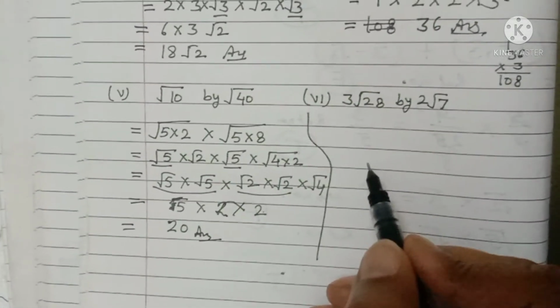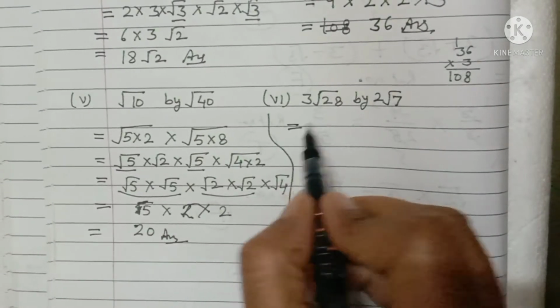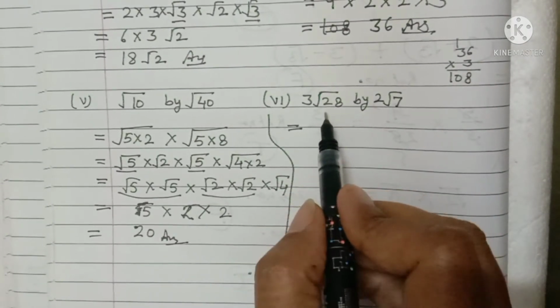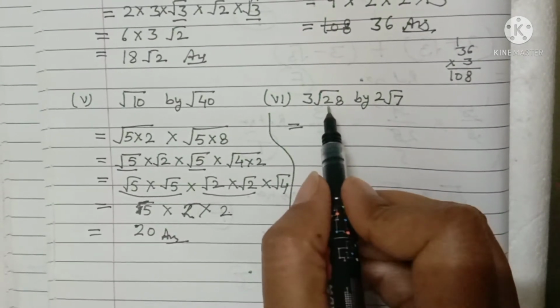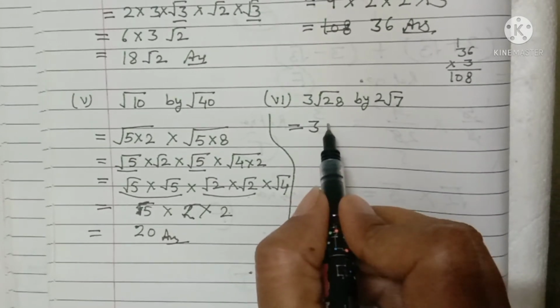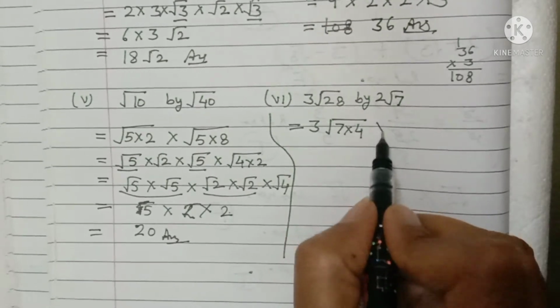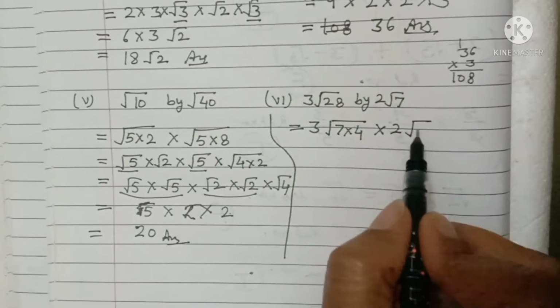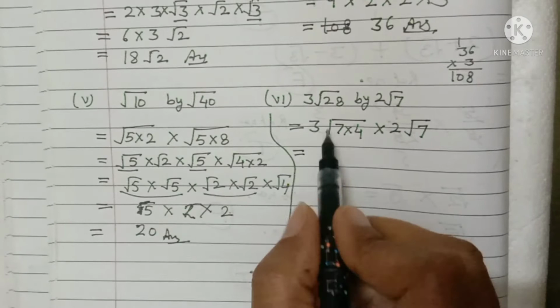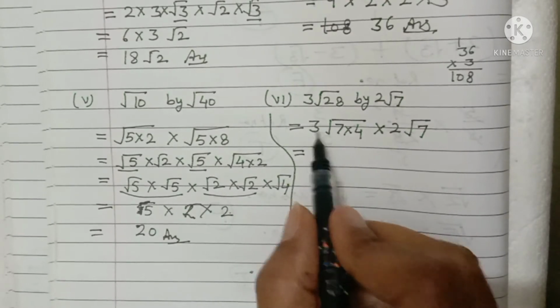Come to the next part. You can break 28 as 7 4s are 28. 3 under root 7 into 4 by 2 under root 7. So this is 3 into 2.